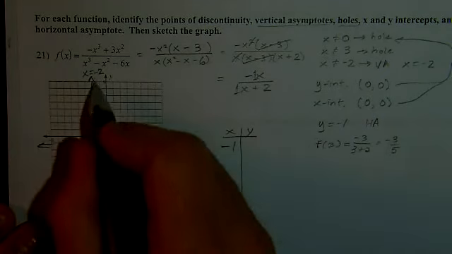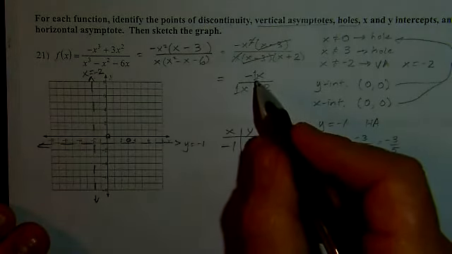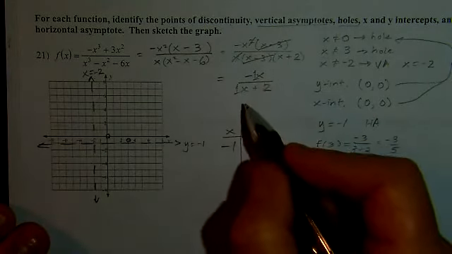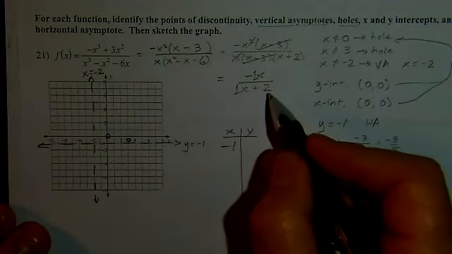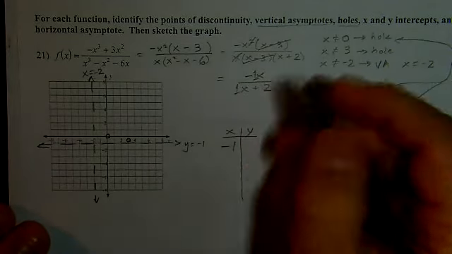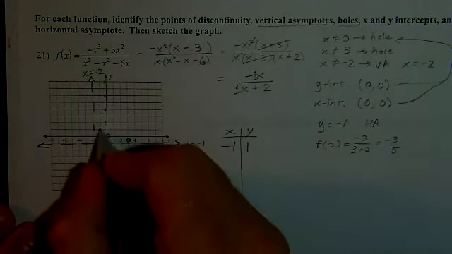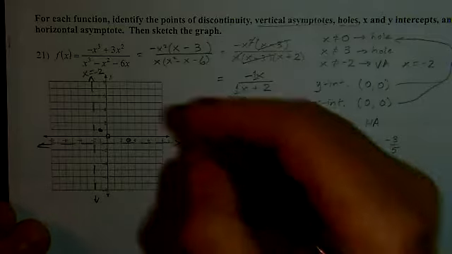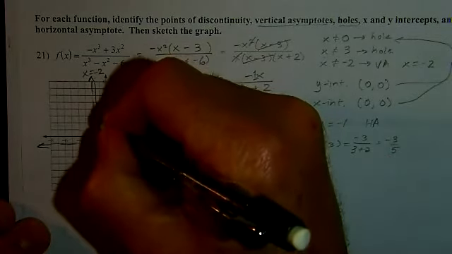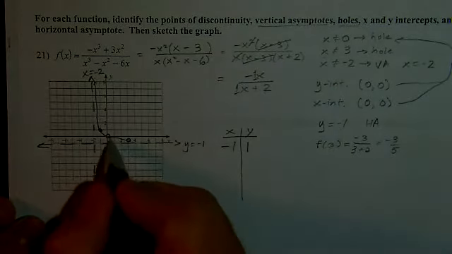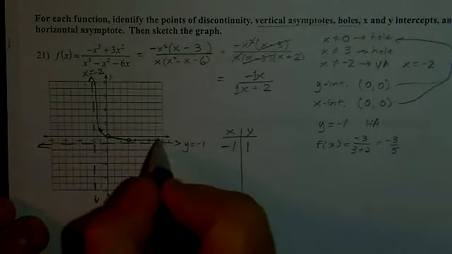Chances are it's going up this way. So we put in -1 here, that makes the top positive, and on the bottom we get -1 plus 2, that's positive. So that's 1 over 1, it's 1. You can check that. So -1, 1 means this graph is going to do this, and we're just going to draw toward those holes and kind of past them.